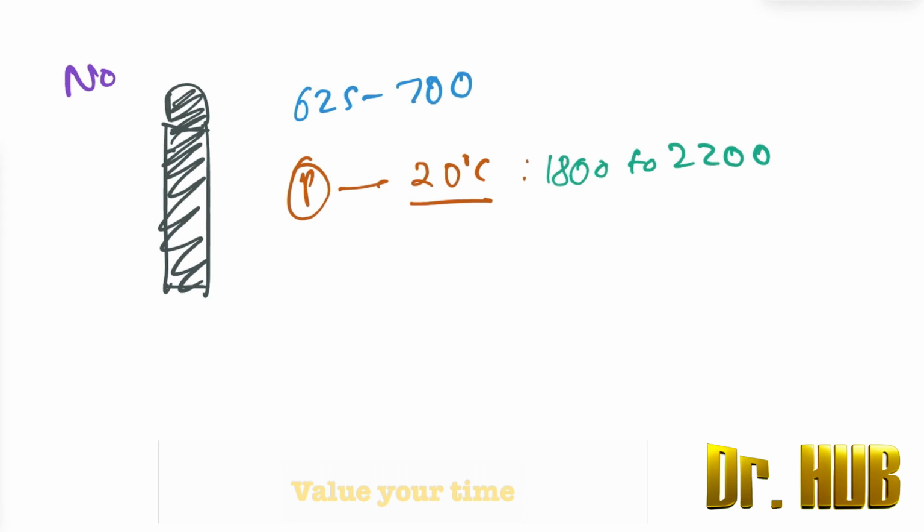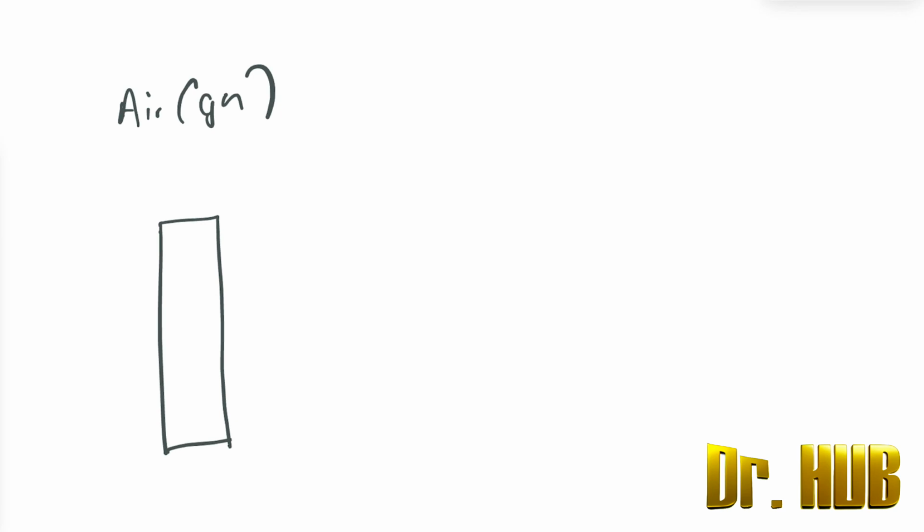Next comes the air. So how is air identified? We are going to look at the air or the gas. First we look at the body. The body can be either black or grey.